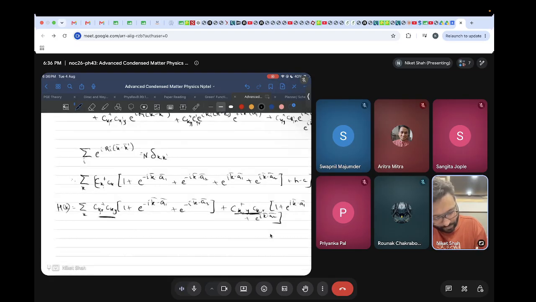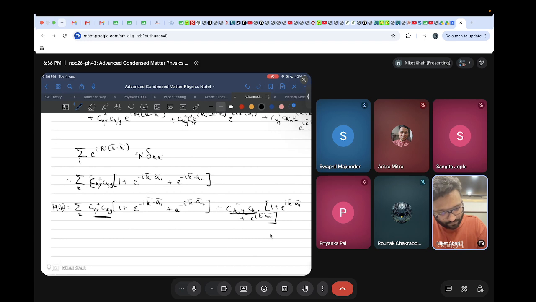Right, so this is red, yellow, plus e raised to power i k dot a1 plus e raised to power i k dot a2. ठीक है? So yeah, this is exactly what we should end up getting.